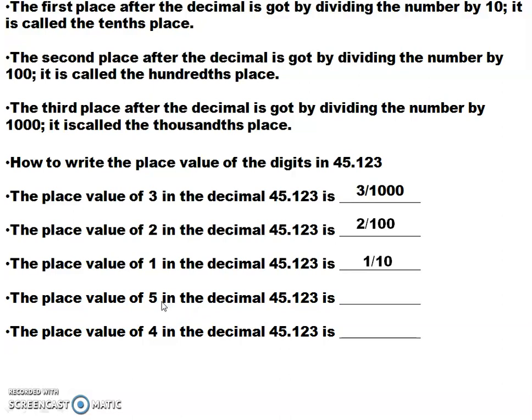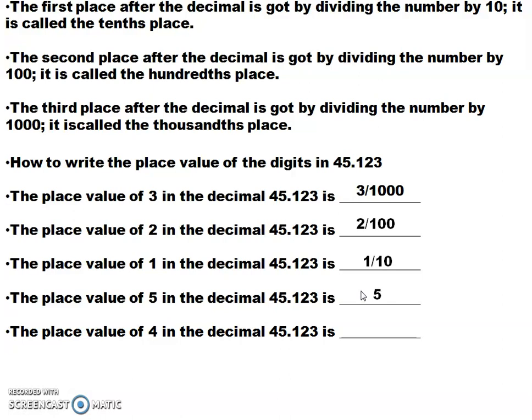The place value of 5 in the decimal 45.123. Students, where is 5 lying? 5 is lying on the left side of the decimal point. So, as usual, you will count it as ones.